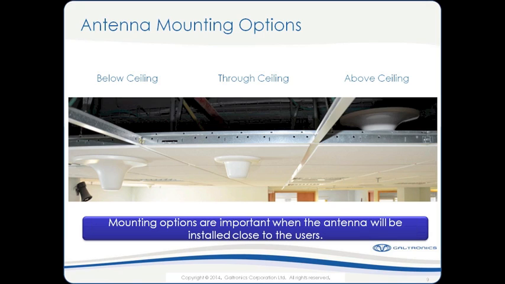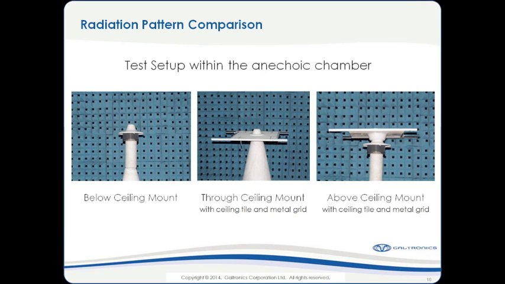Now, we oftentimes get questions about, well, if you install the antenna above the ceiling, what is the impact on the antenna performance? So we have conducted studies where we've actually measured the antenna in a free space scenario, and then we've included the through ceiling mounting bracket, a section of ceiling tile, and the mounting frame that generally holds suspended ceilings, and repeated the test.